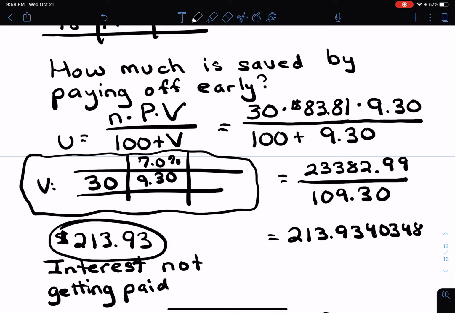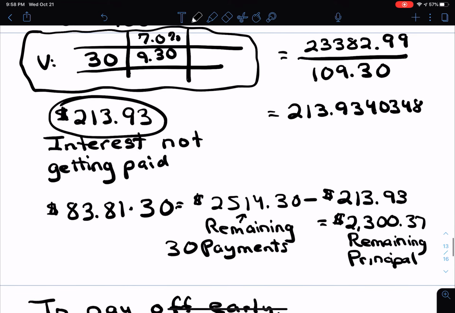And then V was the value that corresponds to the APR for the number of remaining payments. All right, so if you have 30 payments left at a 7.0% APR on your chart, that says that your value is 9.30. So we use that. Work that out. Get the interest not paid, that they don't have to pay.